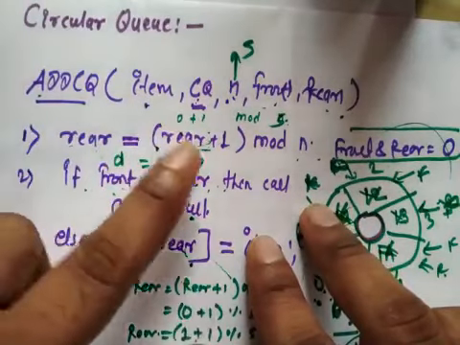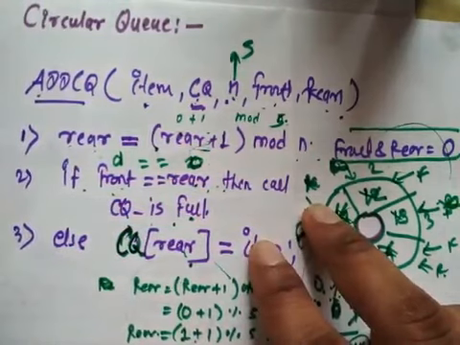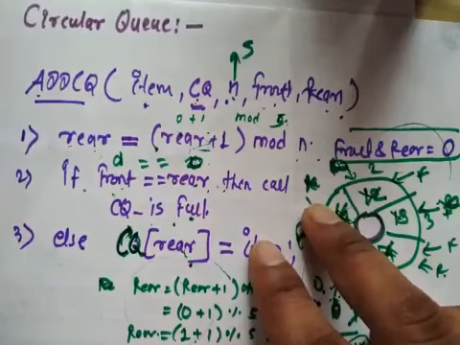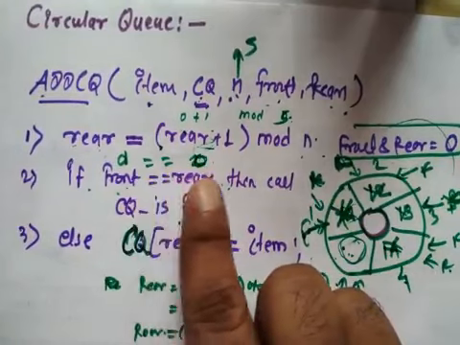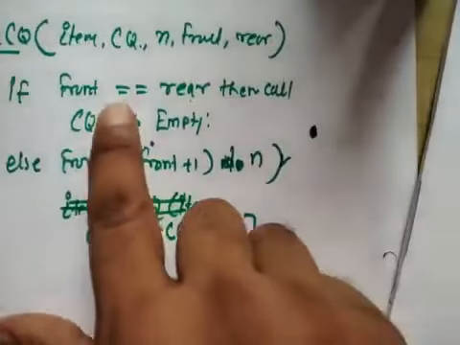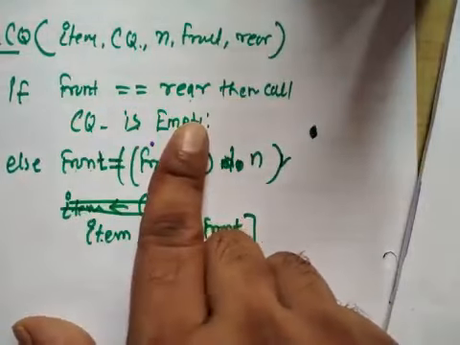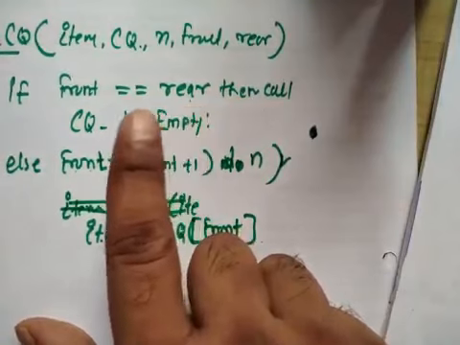So the conditions are the same, and here comes ambiguity. In our previous lecture in unit 1 we learned that an algorithm must be unambiguous. If front and rear both point to the same position, we say the queue is full, and we also say the queue is empty. So here comes the problem, here comes ambiguity.